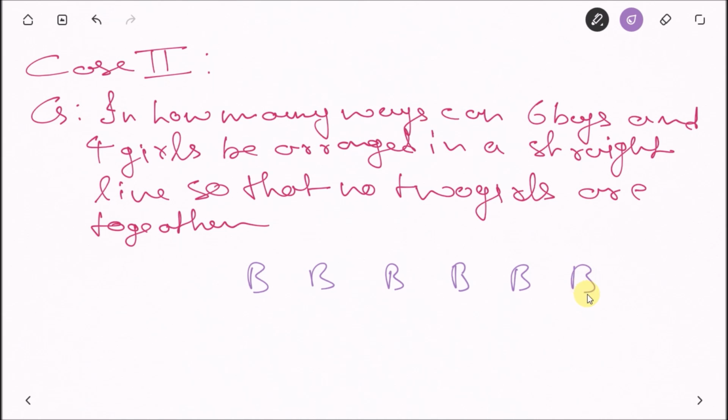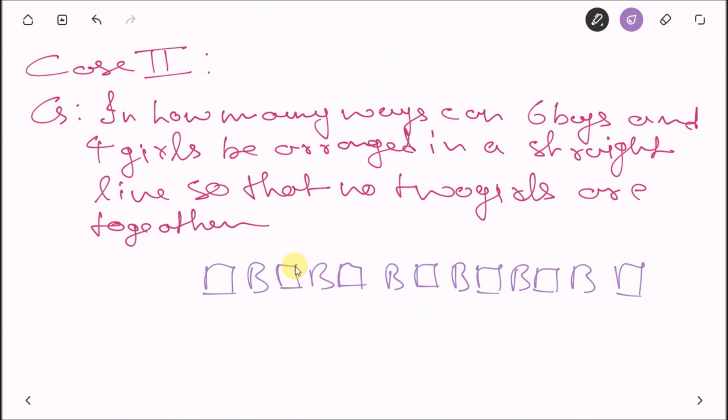Now we will arrange the girls. So now we have 1, 2, 3, 4, 5, 6, 7, 7 empty places, which means the 4 girls have 7 options. It means the first girl can take any of these places.